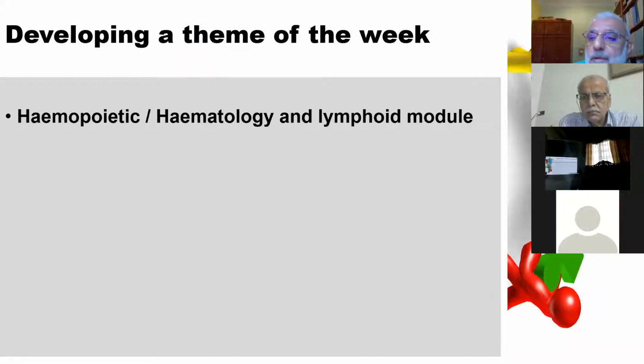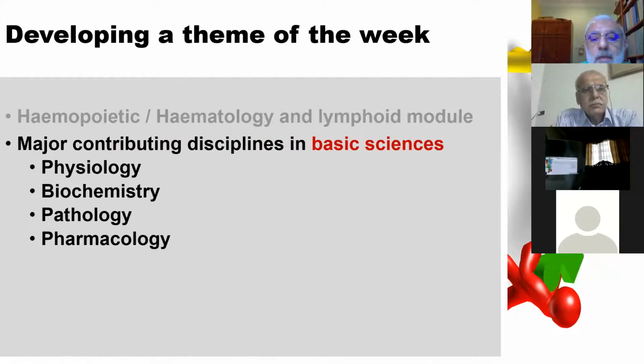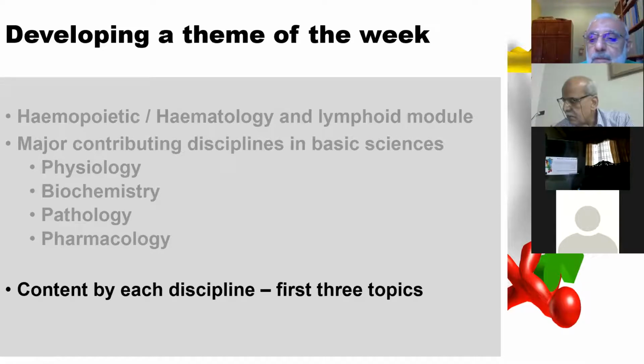How to develop a theme. For example, we are talking about a hemopoietic, hematology, or lymphoid module. Then we identify the major contributing disciplines as far as basic sciences are concerned. For example, we expect physiology to contribute significantly, biochemistry, pathology, and pharmacology. Then we ask each discipline to identify the first three topics they would like to teach in this module.